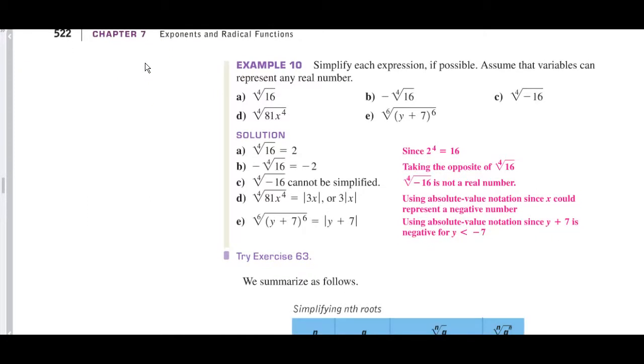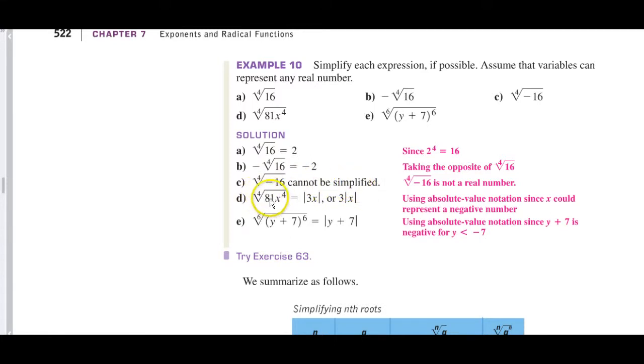Okay, let's look at these two. Now, 16 is a perfect fourth, so that's 2. Now, because of the negative sign, that will become a negative 2. This one, because it's an even index number, and a negative under the radical is not a real number.